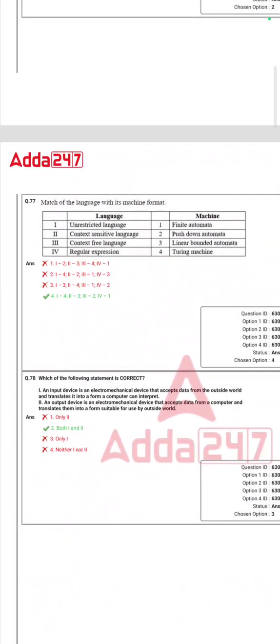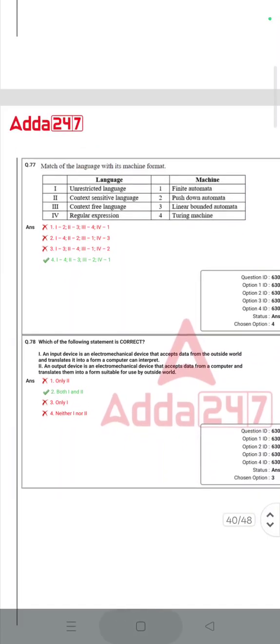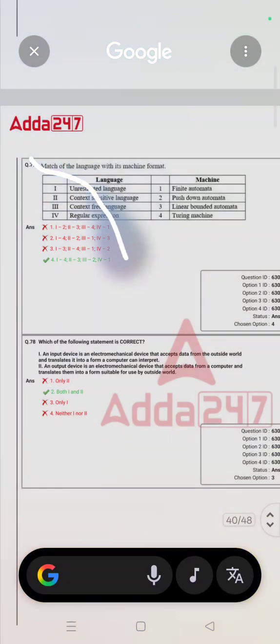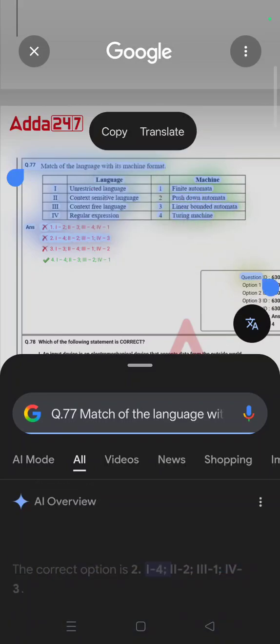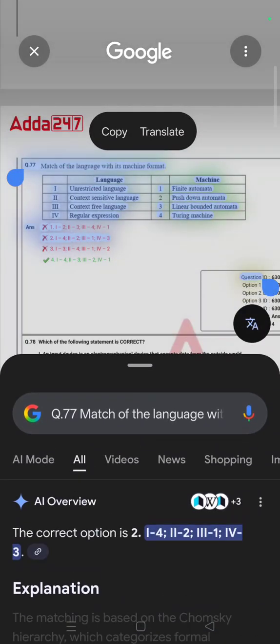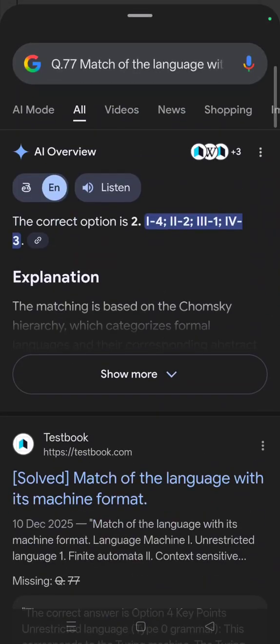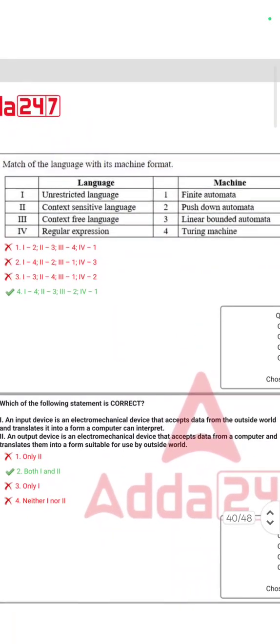Question 77. Which of the languages is matched with its machine format? Unrestricted language: Turing machine.